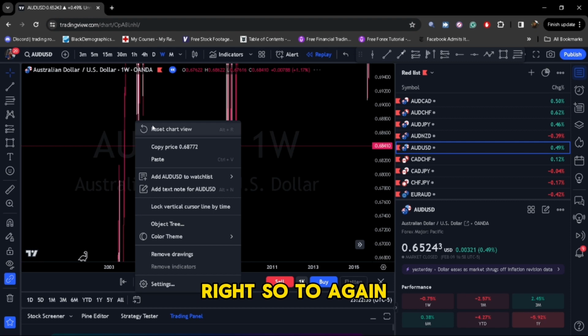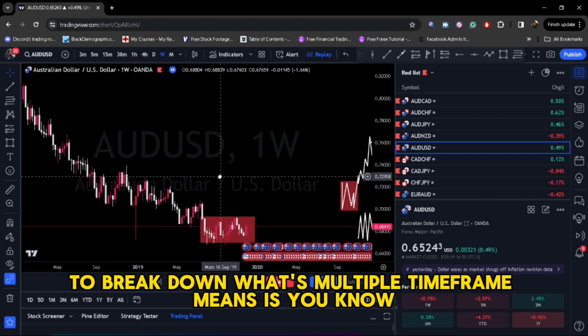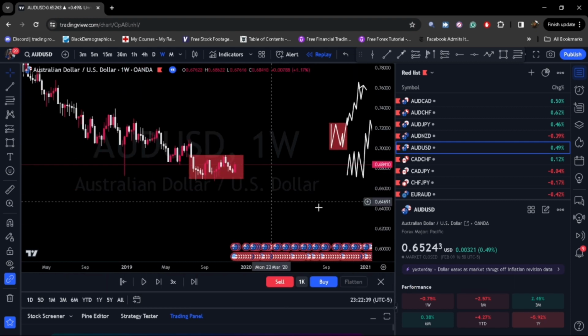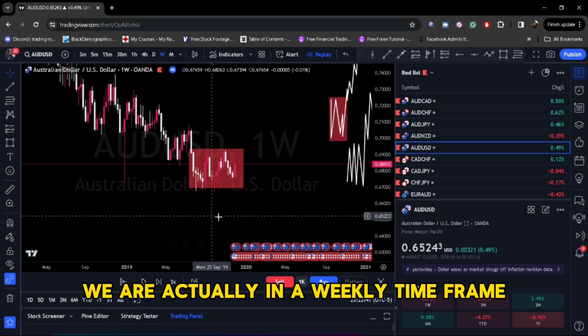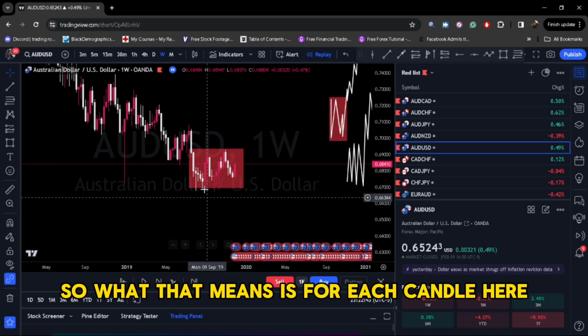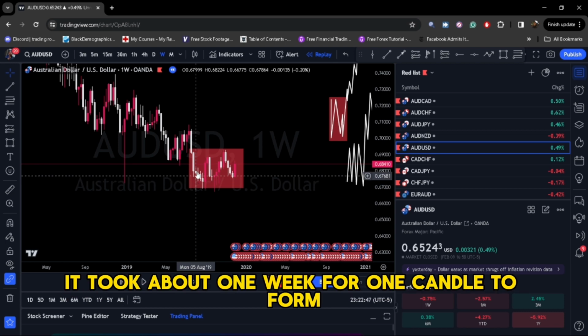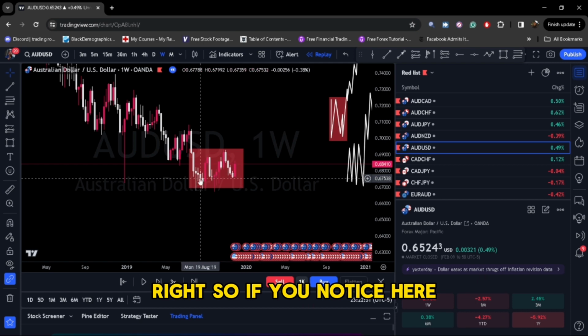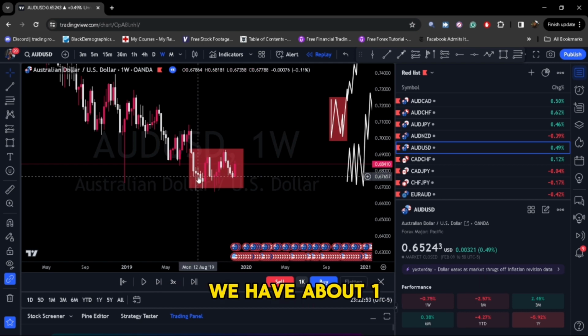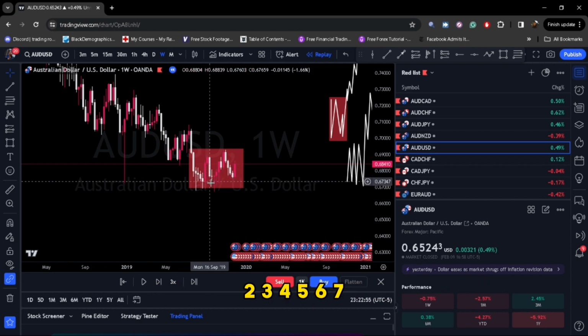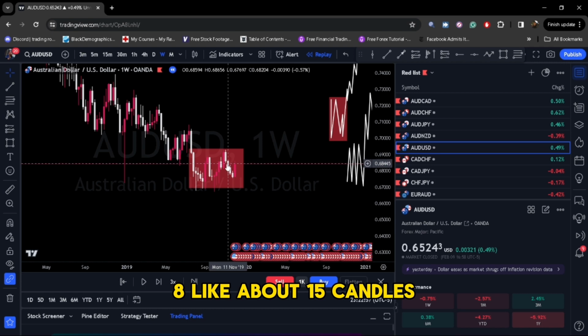So to break down what multiple time frame means, for example, we are actually in a weekly time frame. What that means is, for each candle here, it took about 1 week for one candle to form. If you notice here, we have about 15 candles.